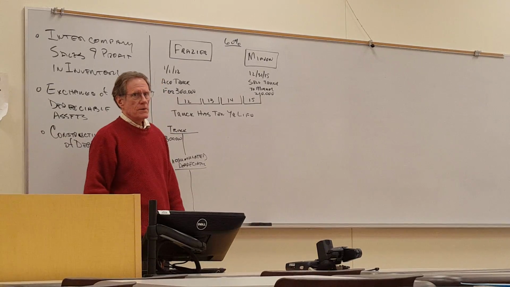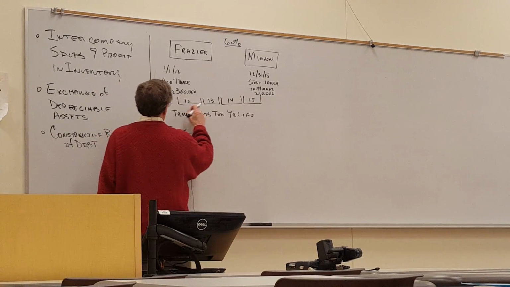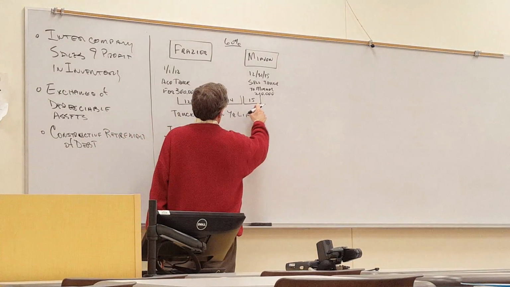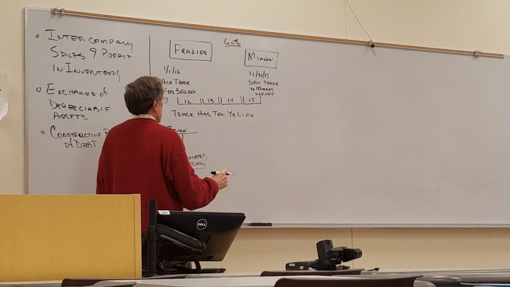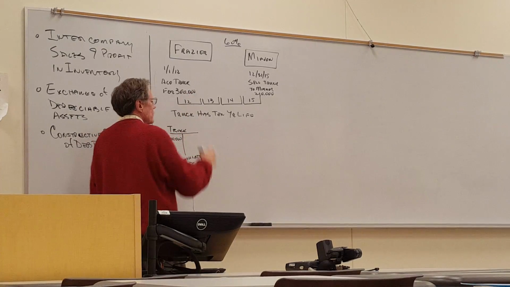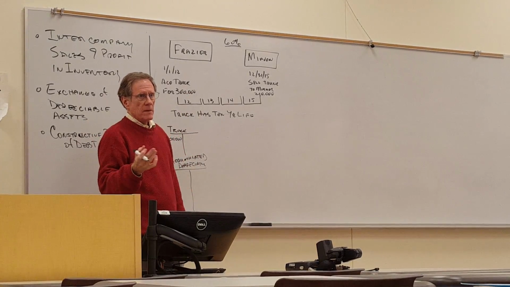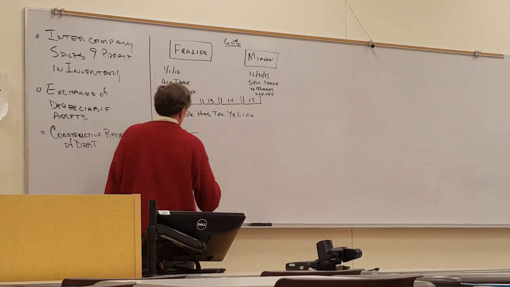We have accumulated depreciation. We have it for 12, 13, 14, and 15 because this is sold at the end of 15. It's written off over 10 years, so $300,000 divided by 10 years is $30,000 a year.